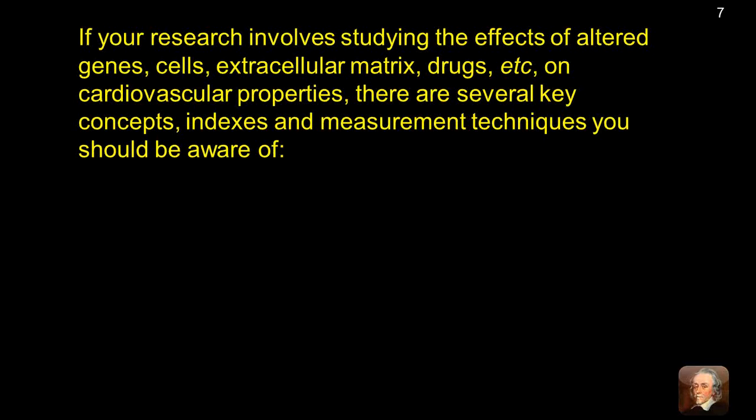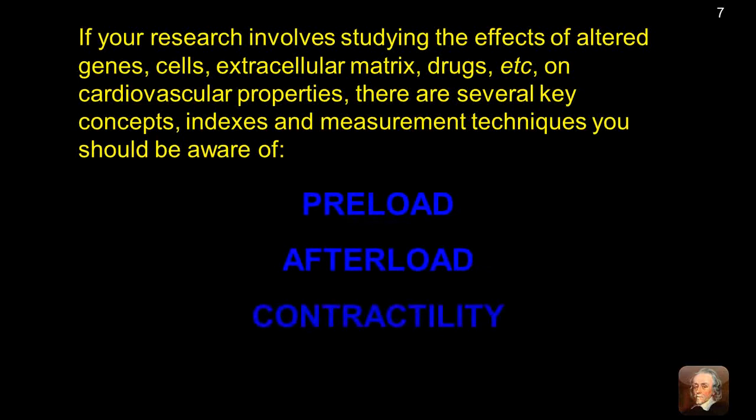These common characteristics that need to be understood include the following four fundamental aspects of cardiovascular physiology. They include the concepts of preload, afterload, contractility, and lusitropy, the last one being the study of diastolic properties of the heart.